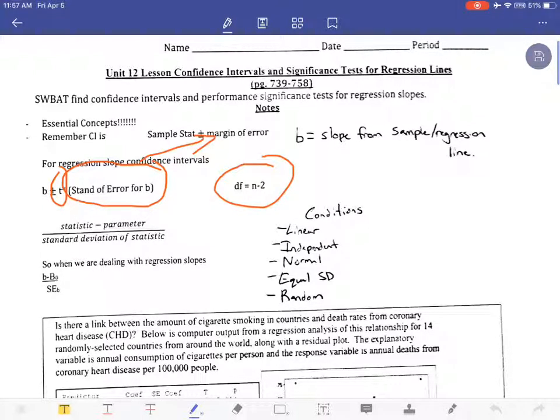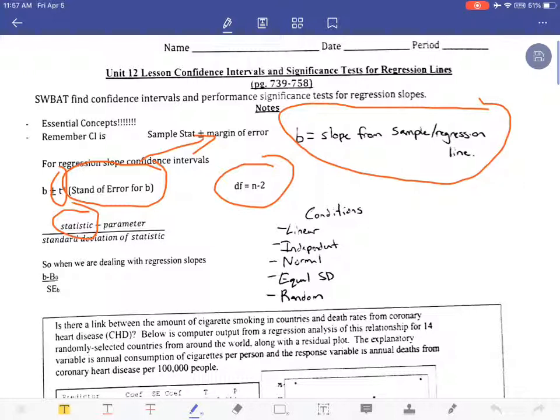Now, if we look at our test statistic, remember it's your statistic minus parameter divided by standard deviation of statistic. So we're going to take our sample slope. What this lowercase b symbol represents is the slope from your sample, which is what we have for our regression line. Whatever your regression line comes out to, the slope for that is what we're going to put on top for our statistic.